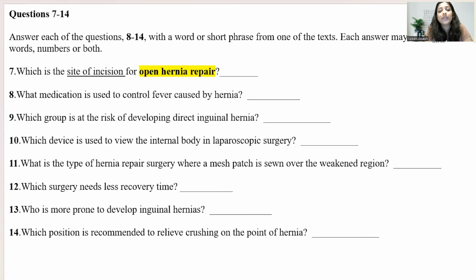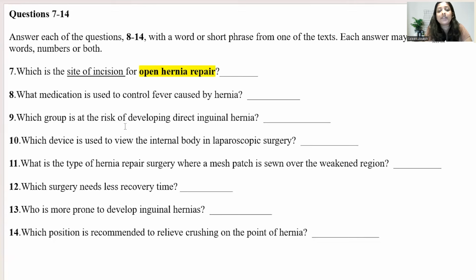Then, eighth one. What medication is used to control fever caused by hernia? D. Done? Okay, good.